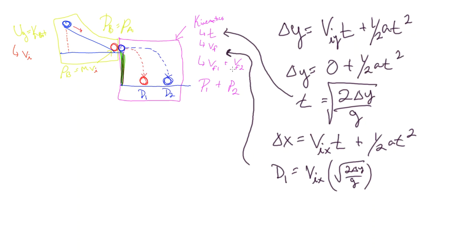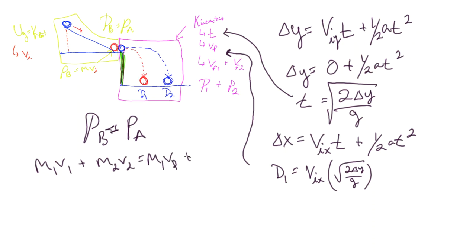From there I can find individual velocities, and from there individual masses, and then you're able to compare the system before equals afterwards. If I write the whole system out, we have momentum before equals momentum afterwards. I have mass 1, velocity 1 plus mass 2, velocity 2, where your second ball is not moving at all, so this comes out to 0, and you have two objects after the collision: mass 1 velocity 1 and mass 2 velocity 2.